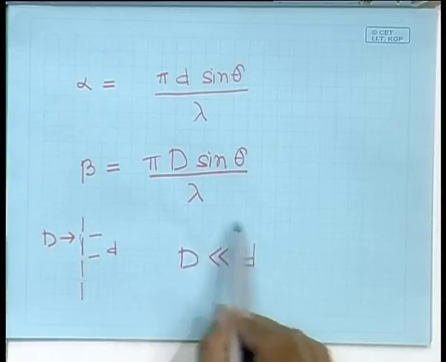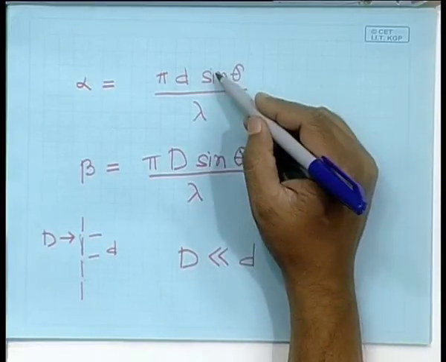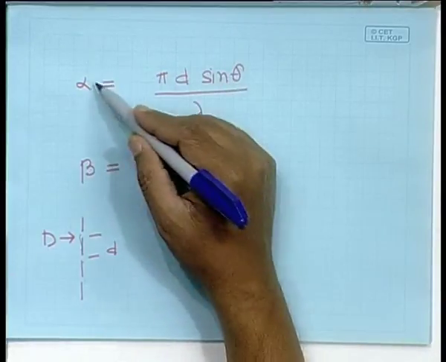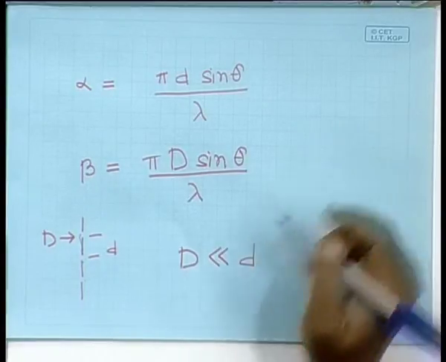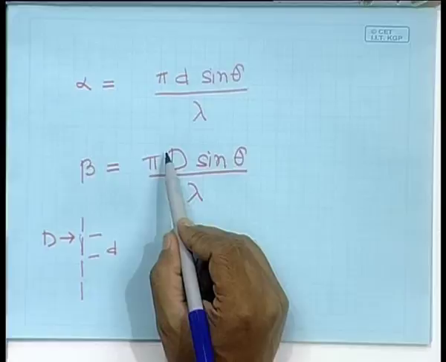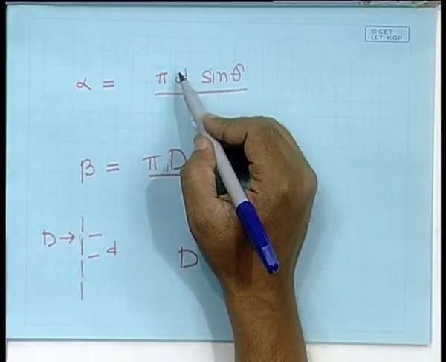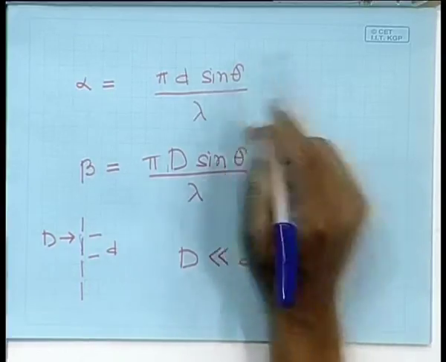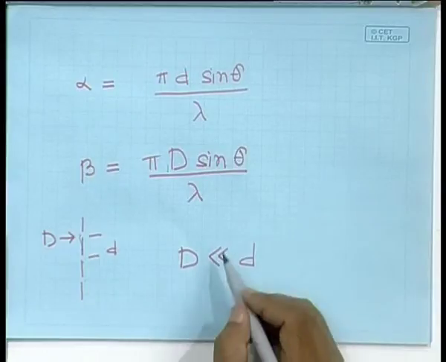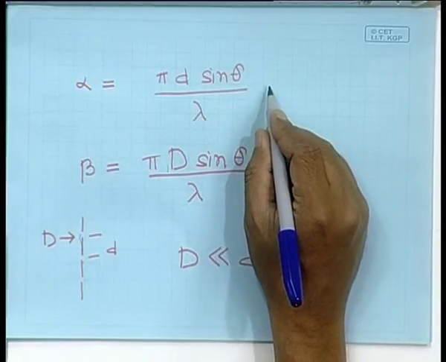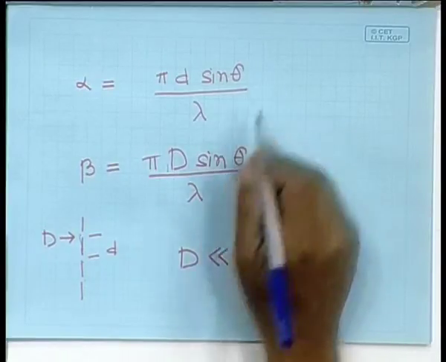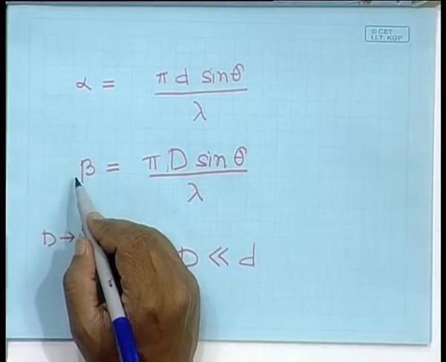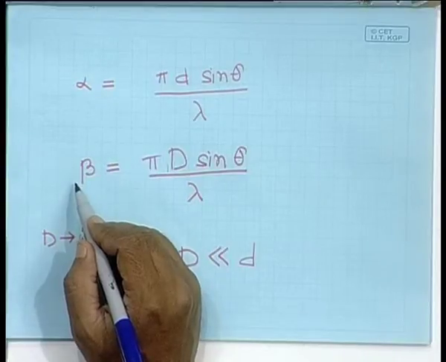Now, in this situation, let us ask the question: if I vary theta, which of these terms is going to change faster? It is quite clear that since the slit width is much smaller than the spacing between the slits, this term alpha is going to change much faster and this term beta is going to change much slower.